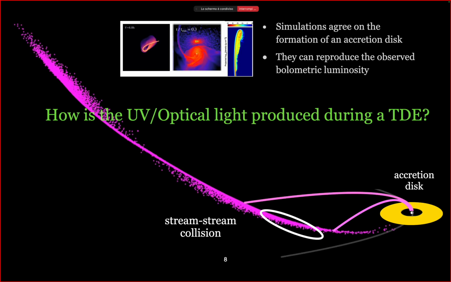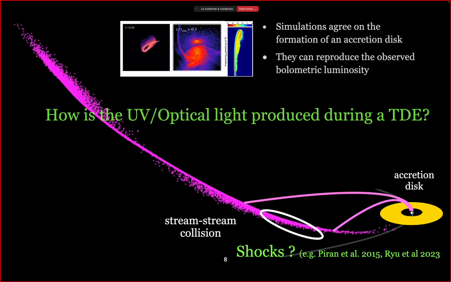And there are two main ideas for what could answer this question of how UV optical light is produced. One idea is that shocks are responsible for the UV optical light, and in fact, when the streams collide, a shock is produced, and a shock can convert kinetic energy into thermal energy.